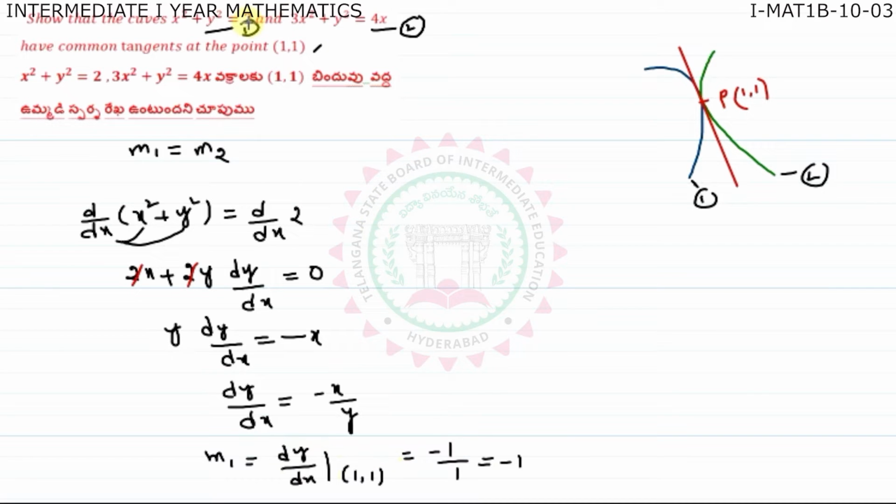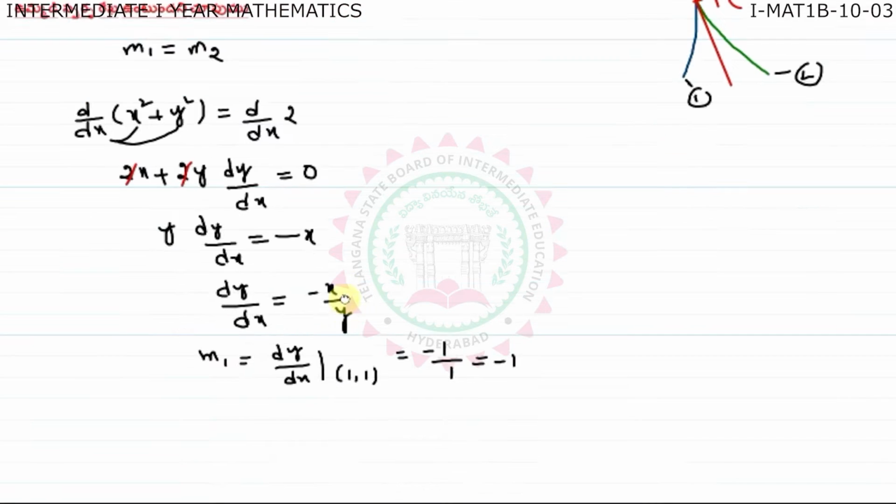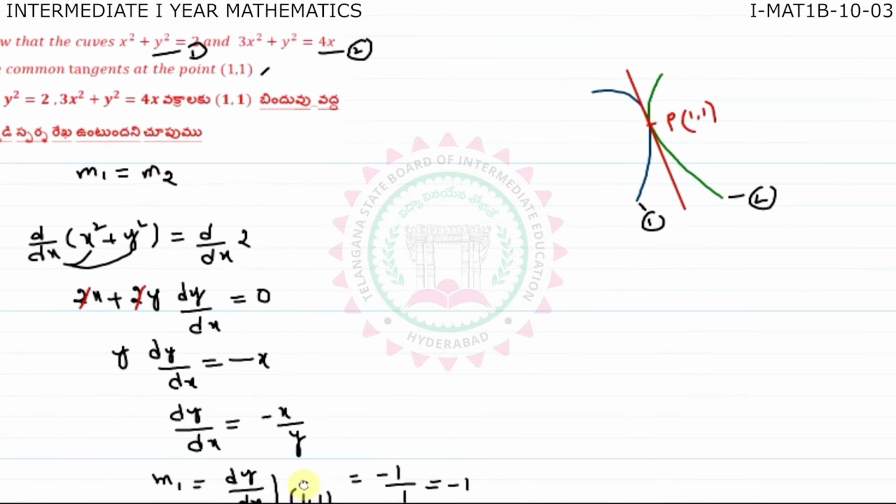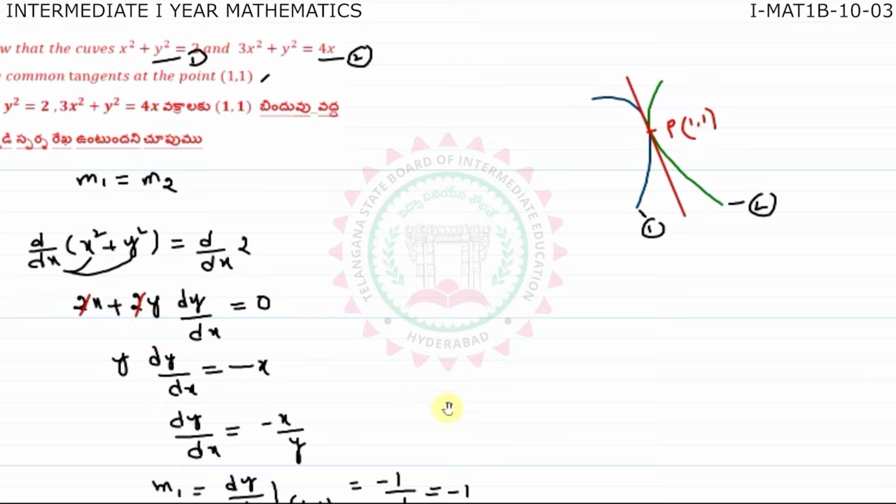Now differentiate equation 2 with respect to x on both sides. So the second curve is 3x square plus y square is equal to 4x. Differentiate with respect to x on both sides. d by dx of 3x square plus y square is equal to 4 times the derivative of x.